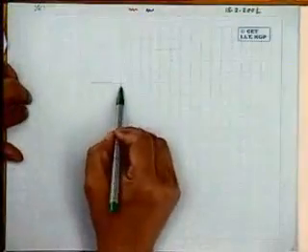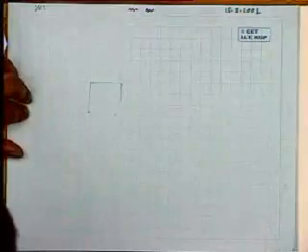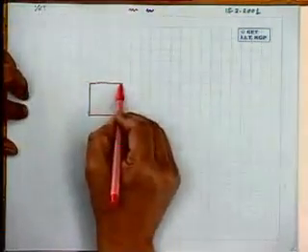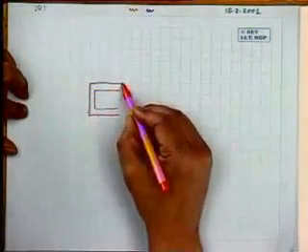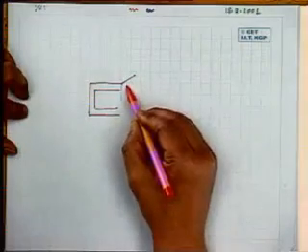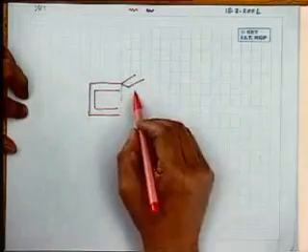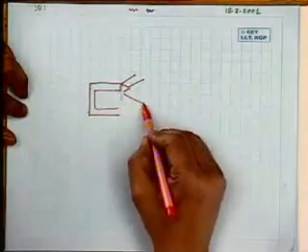That is this one, this side, suppose this side, this is like this, and then another side will be somewhat like this. Are you getting this way? And the third side will be like this.